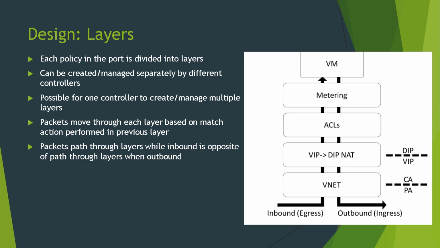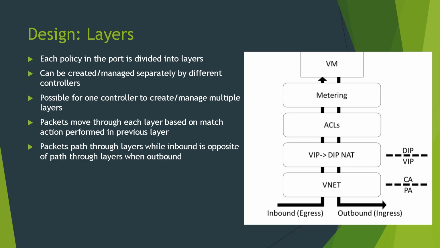Take, for example, the NAT design that you can see over to the right. In the inbound direction, the layer NATs connections destined to the VIP to a direct IP. On the outbound direction, it NATs packets back from the DIP to the VIP.